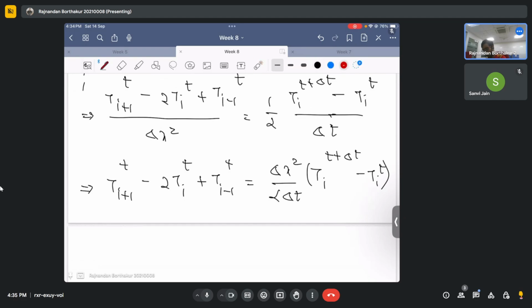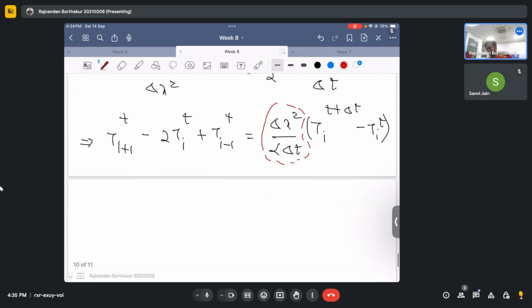What is this? Can you tell me what was the Fourier number? Your Fourier number was alpha t by Lc square, right?